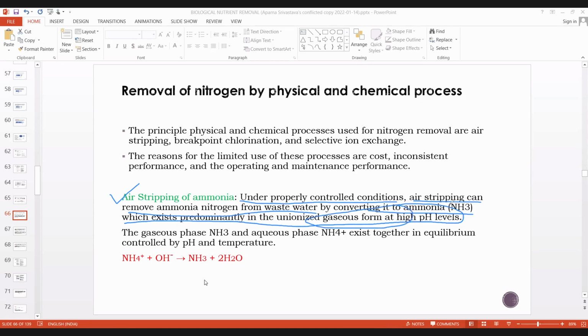So we are able to convert this ammonium into unionized gas. So what is the meaning of this? This gaseous phase NH3 and aqueous phase ammonium exist together in equilibrium, controlled by pH and temperature.